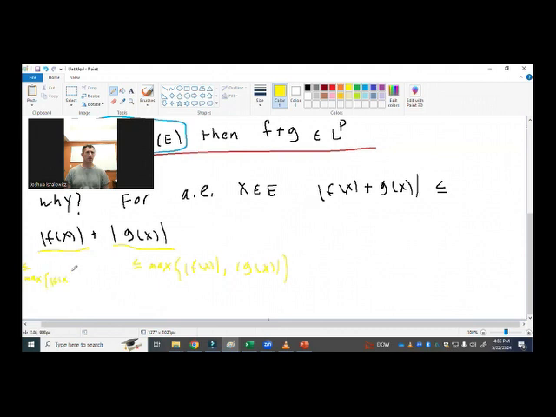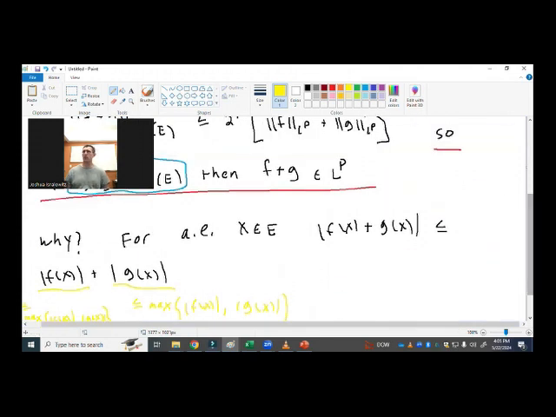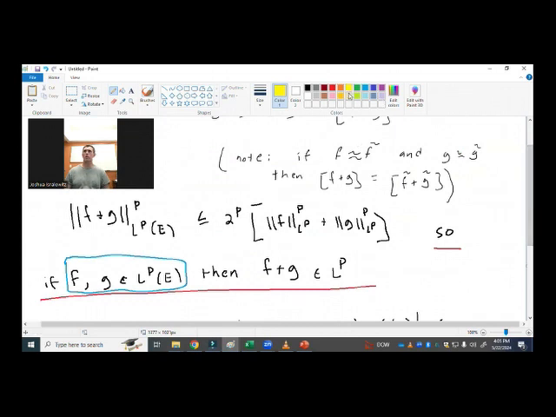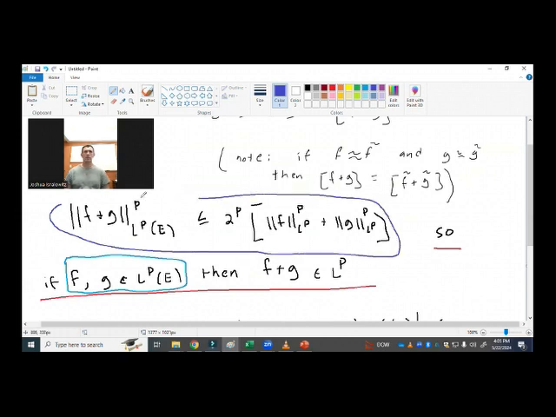One thing I want to point out: you should think of this inequality as the simplest way to prove that f plus g is in LP if f is in LP and g is in LP.